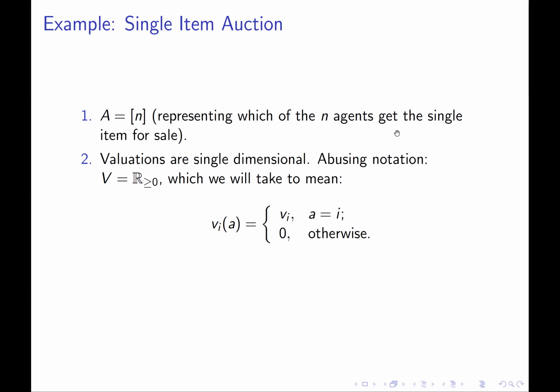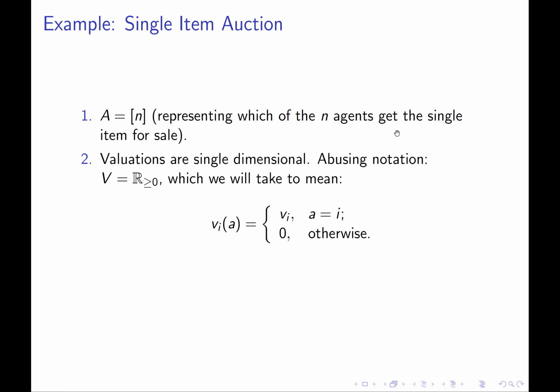What I mean by that is if I say agent i's valuation is v_i equals 50 cents, that's implicitly defining the function saying if agent i gets the toilet paper, then they get a utility of 50 cents, and otherwise they get nothing.